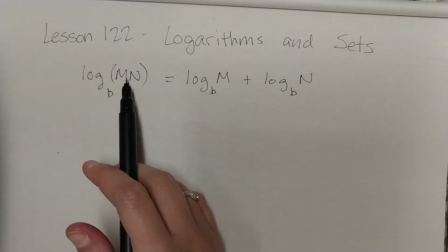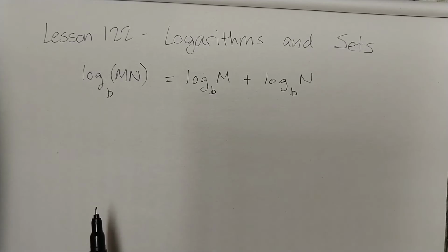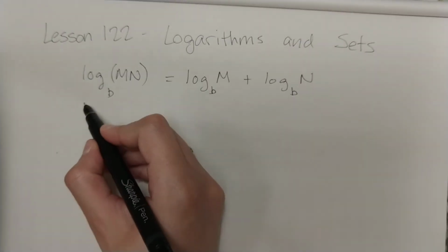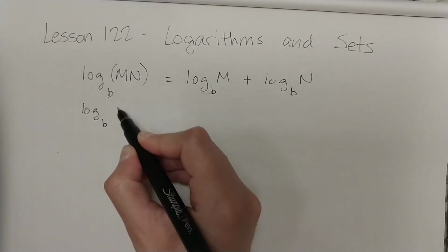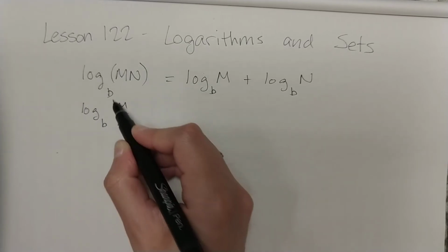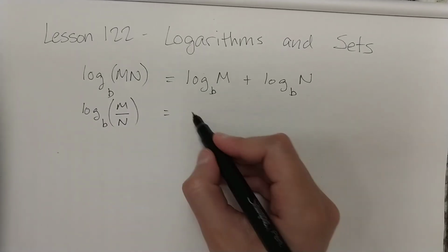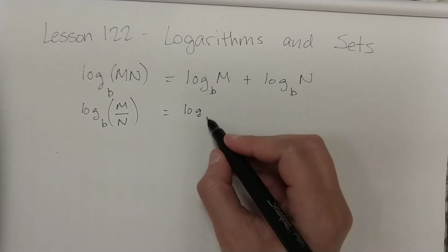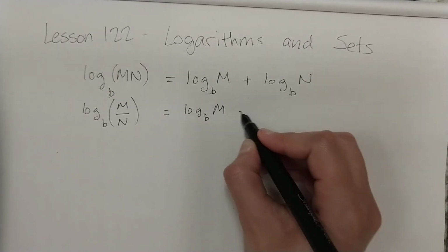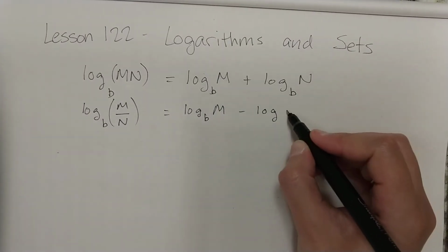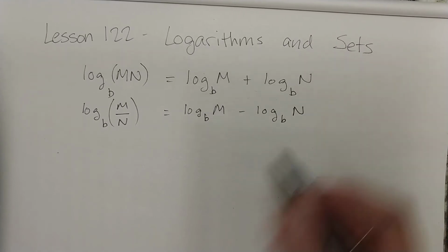And if the numbers are multiplied, we can also split them up by showing them as added. Now, if the numbers are being divided, then that means the logs are being subtracted.